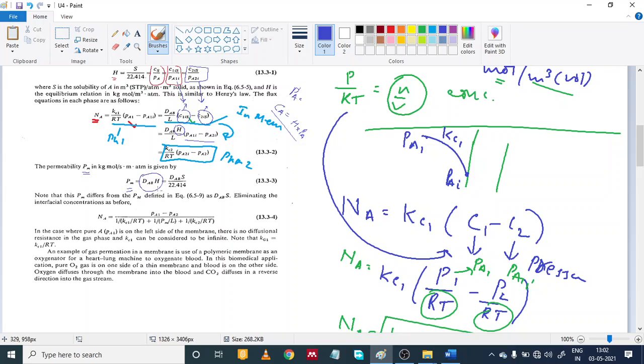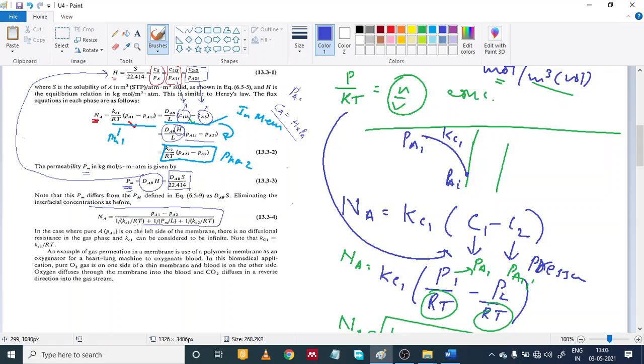H is nothing but S upon 22.414, so PM comes around to DABS upon this value. Now if you shift the permeability value into this equation and rearrange everything, you will get this equation.